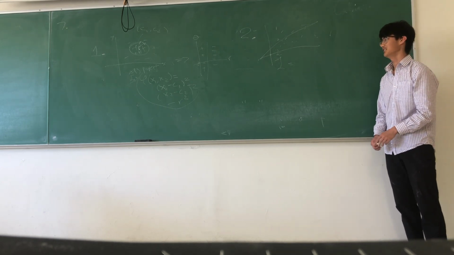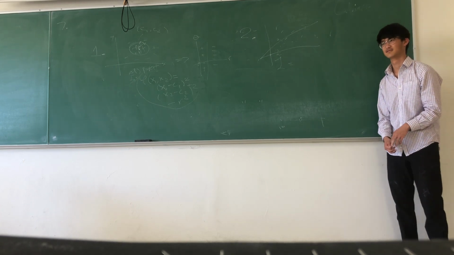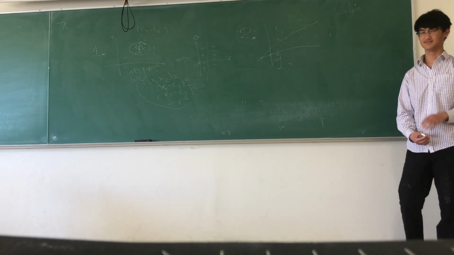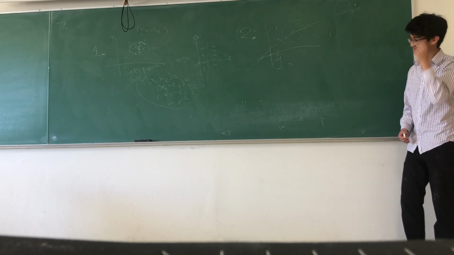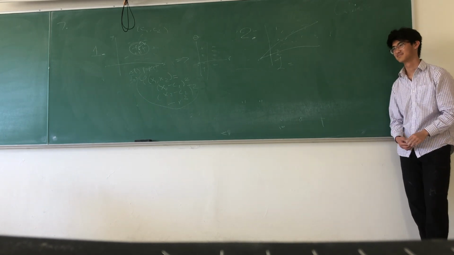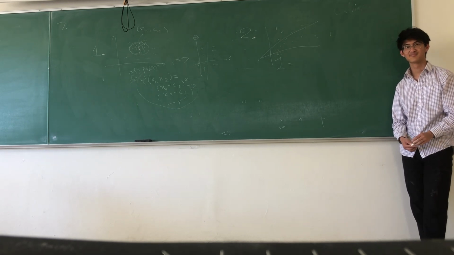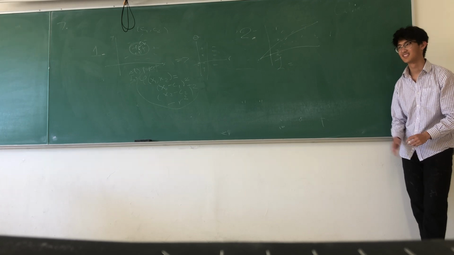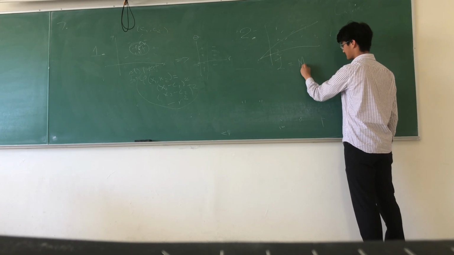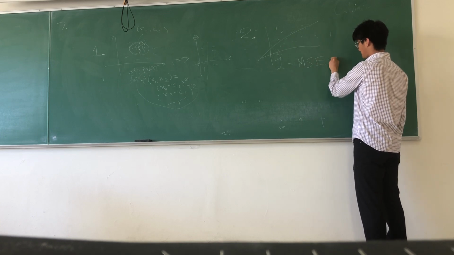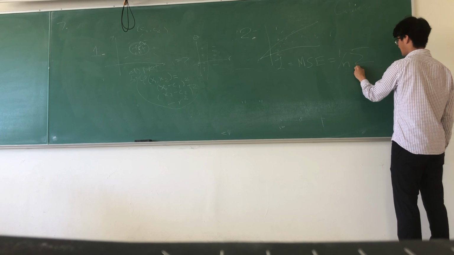What is the loss that we use for linear regression? Mean square. Yeah, that's right. So we use MSE, which is 1 over n sum over i.